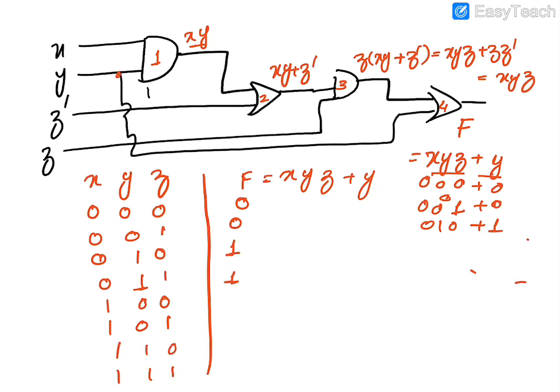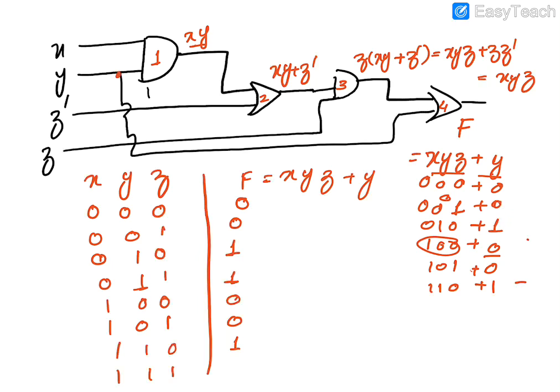Now we have 1 0 0 plus 0. This will be equal to 0, and this is again 0, so the output is equal to 0. So 1 0 1 will be equal to 0, plus 0 is 0. 1 1 0 plus 1 will be equal to 1.